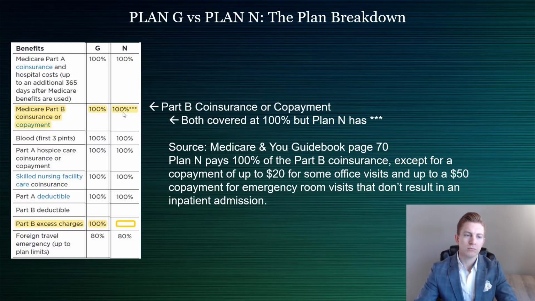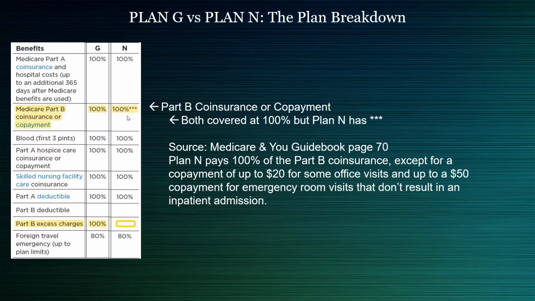Well, both Part B coinsurance and the copayments are covered at 100% on Plan G and Plan N. The difference in why there's asterisks here on the Plan N is that when you go to the doctor, they can charge you up to a $20 copayment, and when you go to the emergency room, they can charge you up to a $50 copayment.